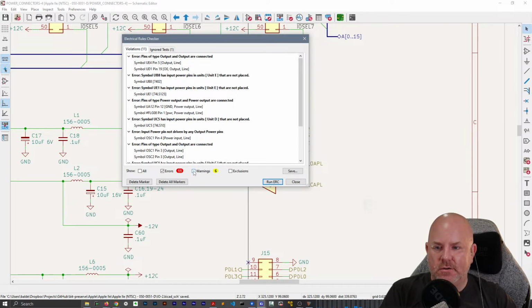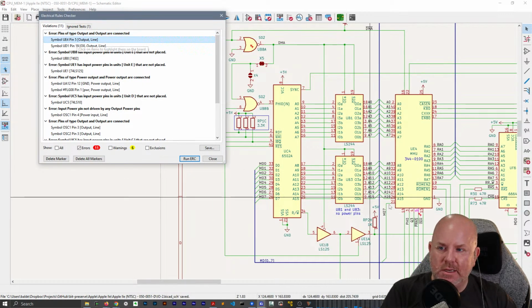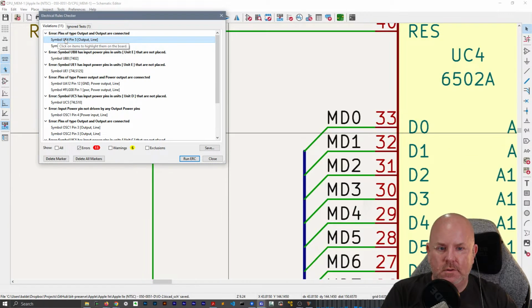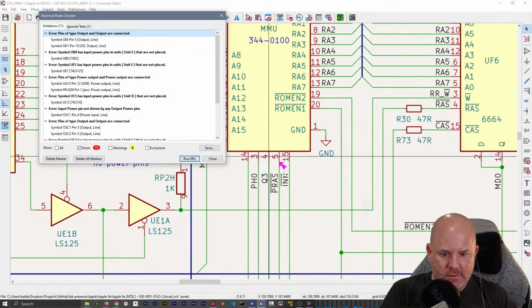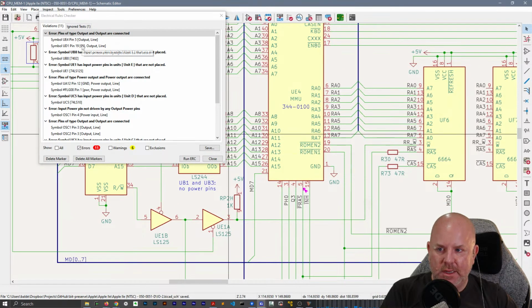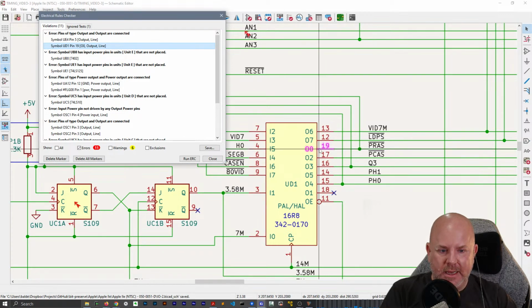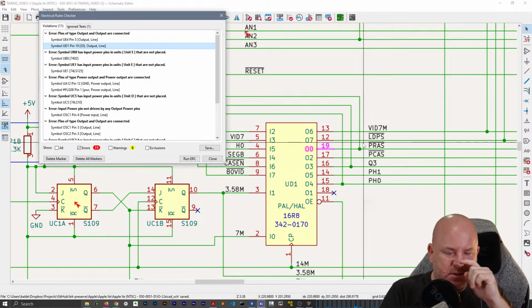All right, well, let's focus on errors for the moment. So pins of output and output are connected. Okay. Yeah. Where are you at? We're at UE4. So let's zoom in. UE4 and UD1. Yeah, so PRAS is definitely supposed to be an output from here, which now makes sense, since now I realize that this is a programmable array.